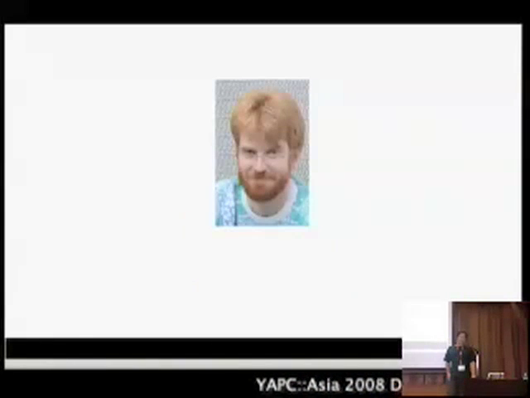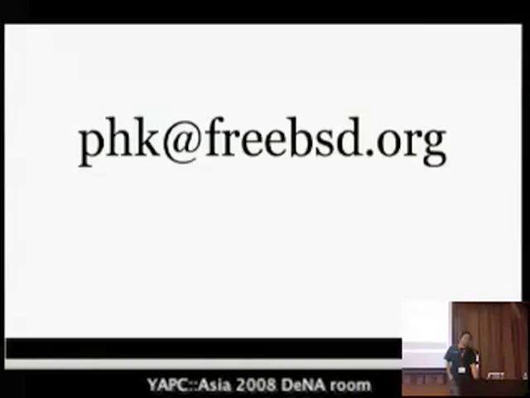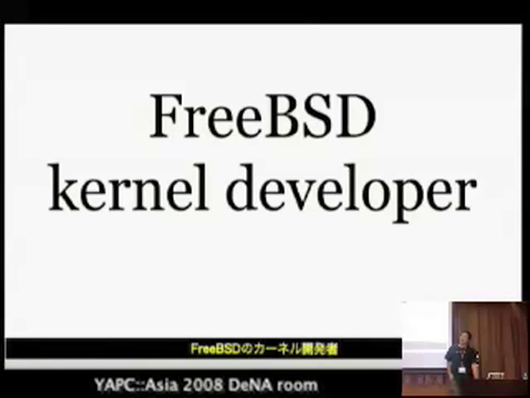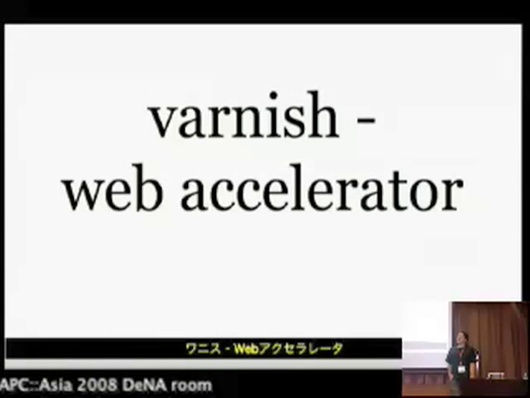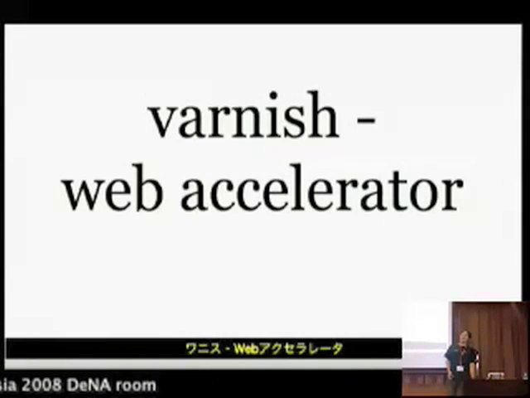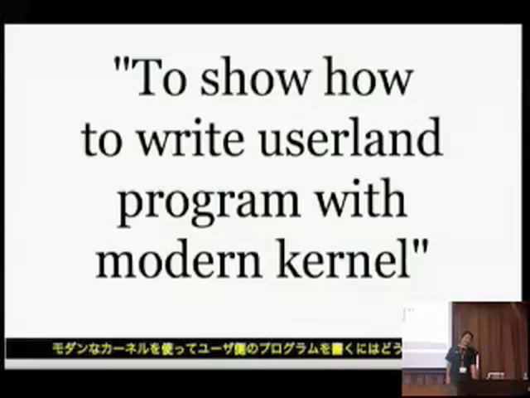This guy is a FreeBSD kernel developer called PHK. He was on a new project called Varnish, which is a web accelerator. Lots of people thought, a kernel developer writing web stuff, why? I went to one of his talks, and he showed how to write userland programs properly with modern kernels.